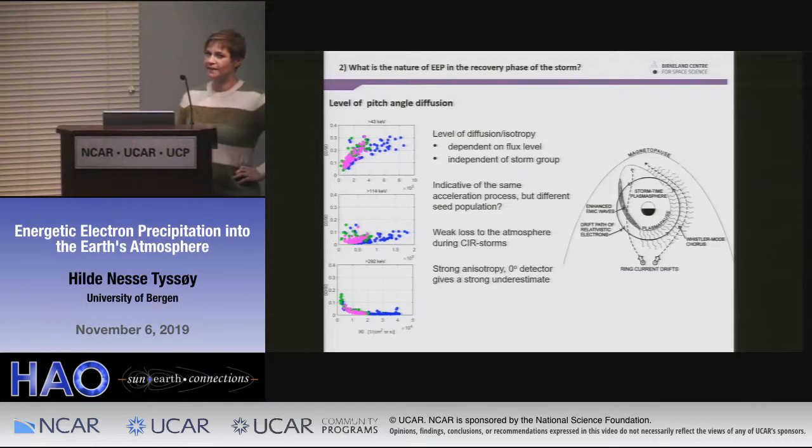It's a good question. We have limited ourselves to the northern hemisphere in this superposed epoch analysis, so I cannot answer that directly. When we estimate the pitch angle, the loss cone estimate uses the magnetic field all the time, so it should be in there, but I haven't looked at it.